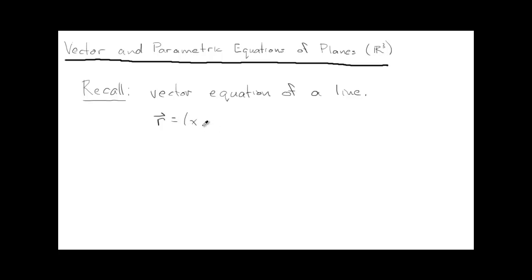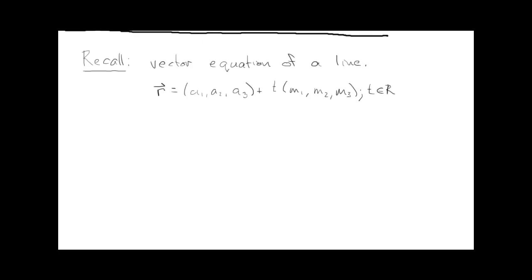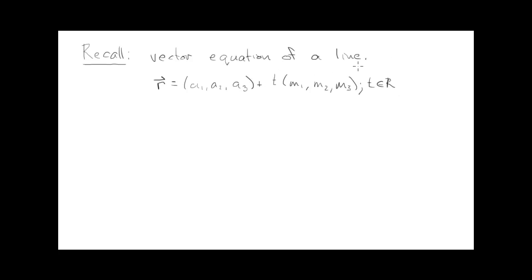Usually we use a1, a2, a3. So it was a point plus t times a direction vector, where t was a real number.